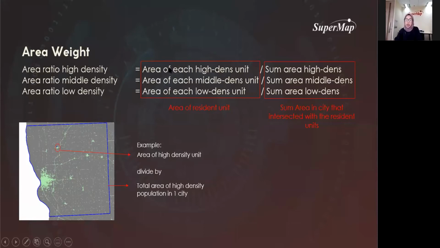The area weight for each unit will be obtained from the ratio of the area of each unit divided by the sum area, based on what type of population density it is. So after this, we will query to only show one population density and then calculate the area weight, and do the same process for another population density.